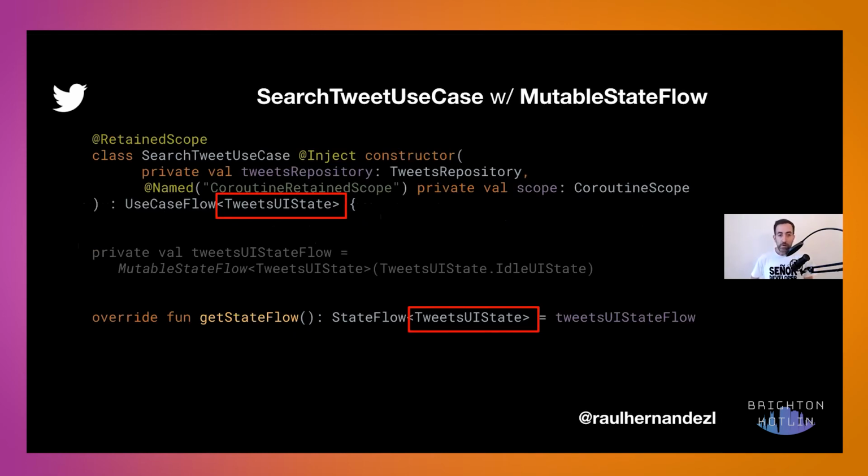So the use case flow is going to use a TweetsUiState that is a state for my UI. I'm going to expose it as a StateFlow, which makes sure that the StateFlow is read only, because StateFlow is the interface that has just getters.